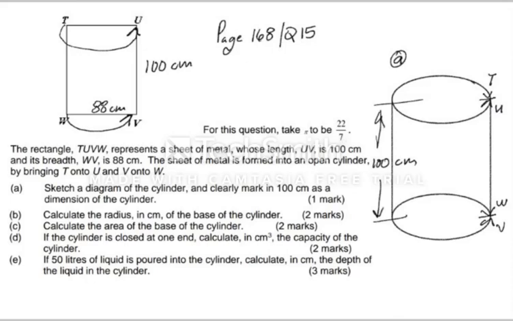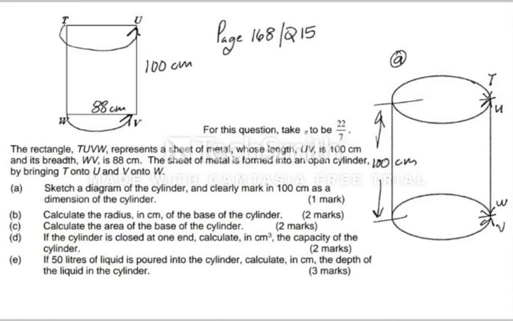B, calculate the radius in centimeters of the base of the cylinder. Remember, if you're visualizing this properly, you should interpret that WV becomes the base of the cylinder, and the length of WV is 88 centimeters.